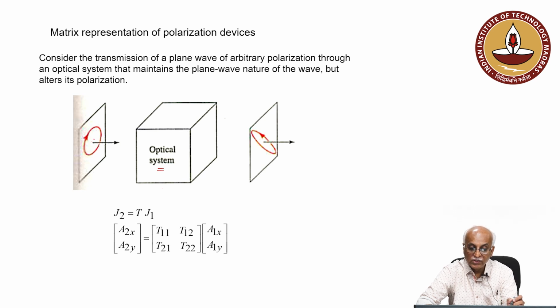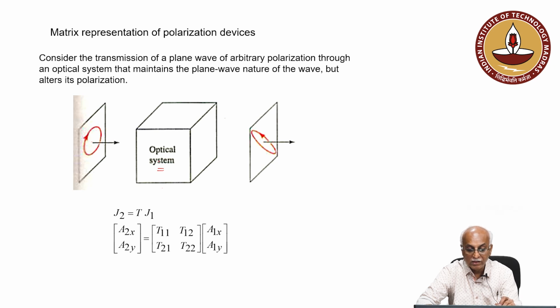That means the same speed with which both these waves would be propagating, and the resultant circularly polarized light will remain circularly polarized light, or linearly polarized light at an angle theta will remain linearly polarized light as it is.